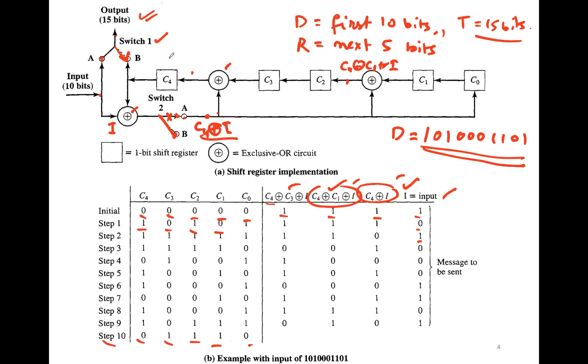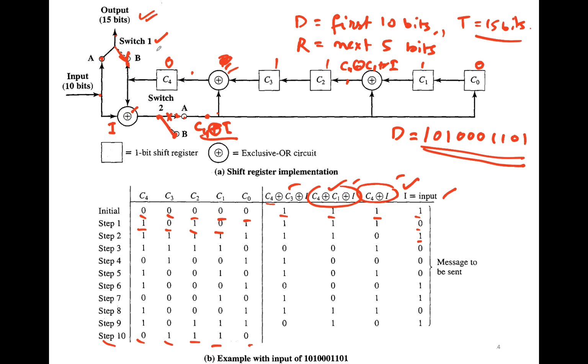Okay, so this is 0 1 1 1 0. If this switch is closed and this switch is open, then these exclusive ORs don't work anymore. This entire chain now works as a simple shift register.